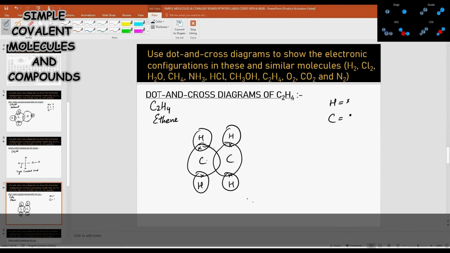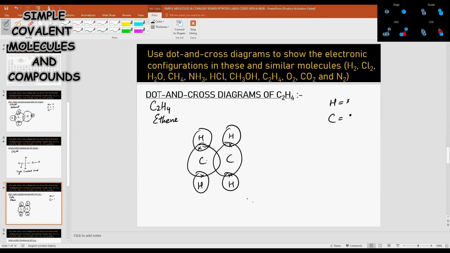We know that carbon belongs to group 4, so it has only 4 valence electrons, which means it needs 4 electrons to complete its valence shell. So 2 electrons for each carbon atom will be shared with these hydrogen atoms. For example, I am starting with this carbon: 1, 2. It's left with only 2 electrons, and it needs 2 more electrons to complete its valence shell.